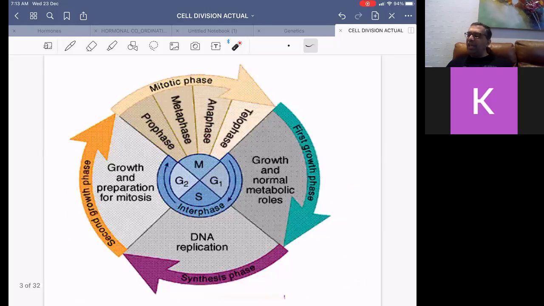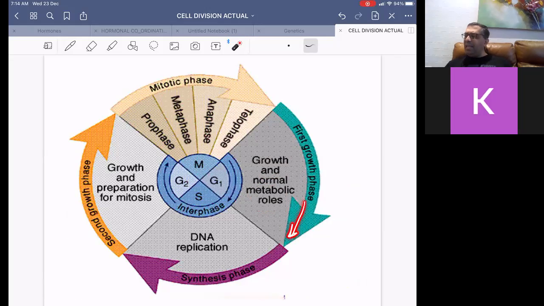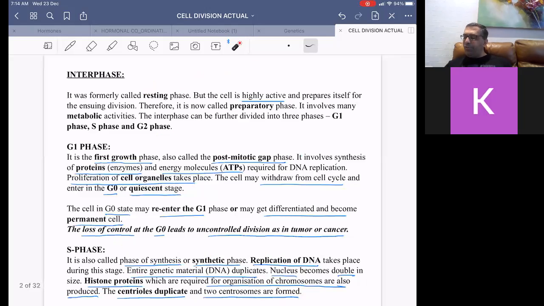So you have G1 phase, and that is a growth and normal metabolic activities of a cell cycle. From G1 phase, the cell may go into S phase. S phase is also called as the synthesis phase, in which primarily the DNA will replicate. तो डीएनए रेप्लिकेशन होता है. एस फेज इज द फेज ऑफ सिंथेसिस और सिंथेटिक फेज.